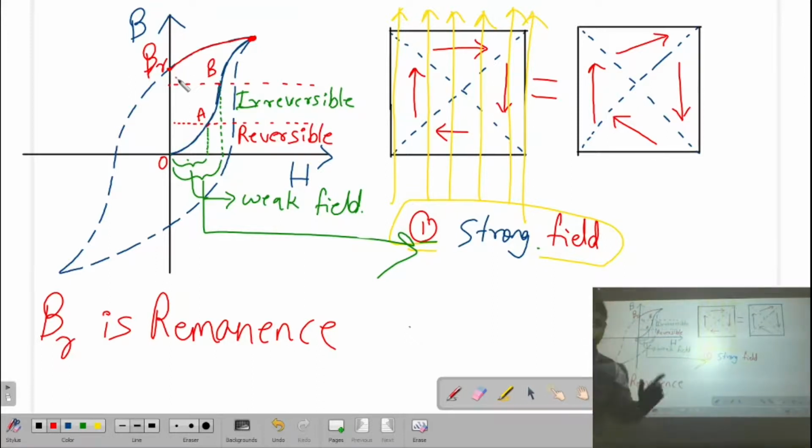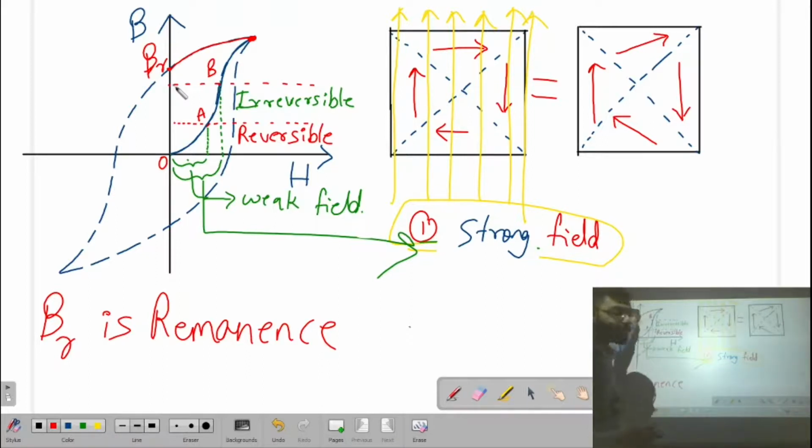Right? Now, this is with the material possessing some of the dipole moments oriented in the direction of the external applied magnetic field. Even if you reduce it to 0, H is 0 and B is having some value over here.